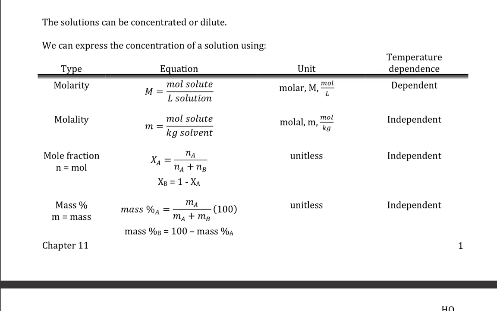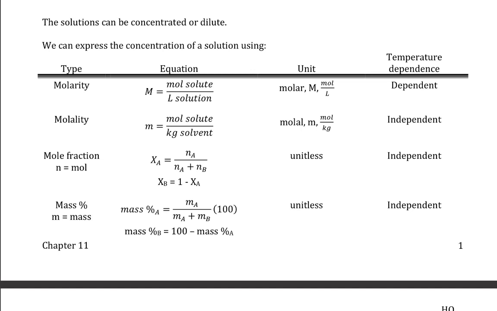Mole fraction is another way to express the concentration, where the mole fraction of A, let's say that we have a mixture made of A and B, would be the moles of A divided by the total moles.